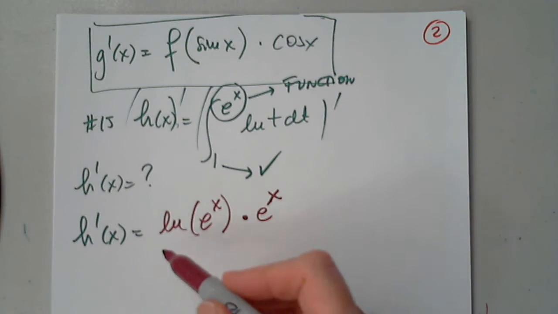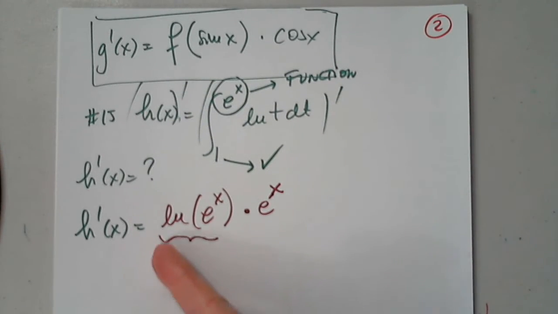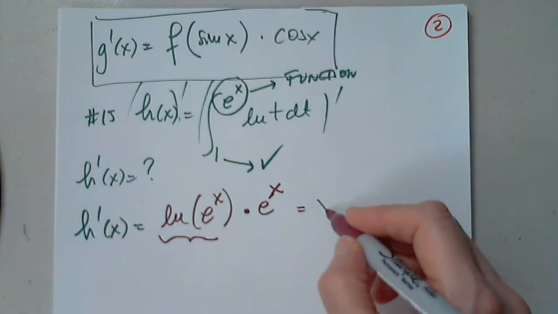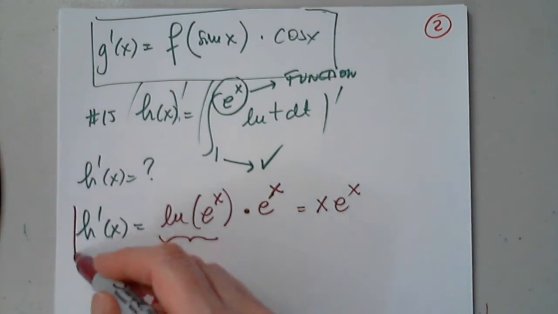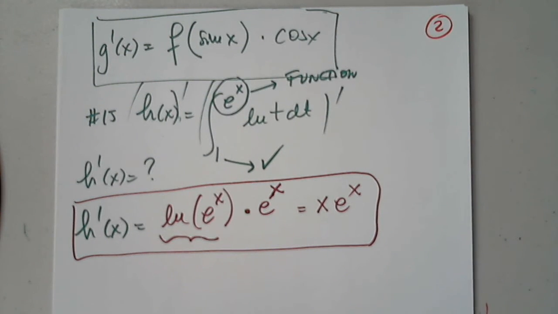Excellent. And can anyone tell us how do I simplify this? x. Yes, so this is x e to the x. Brilliant. Thank you very much. Awesome. Well done. Good. Ready for another? And then we're going to look at more complicated situations.